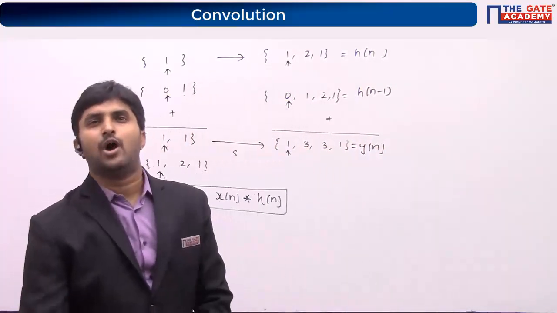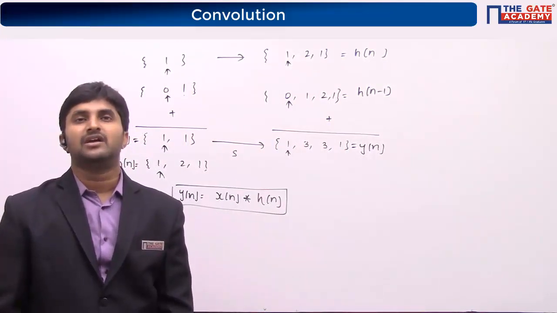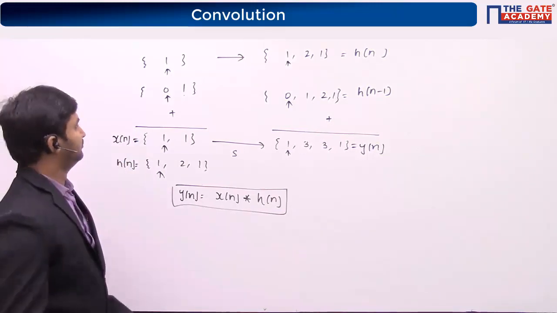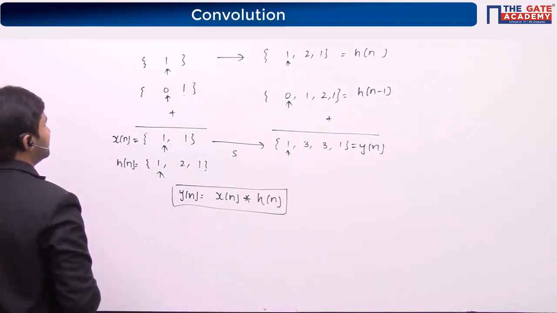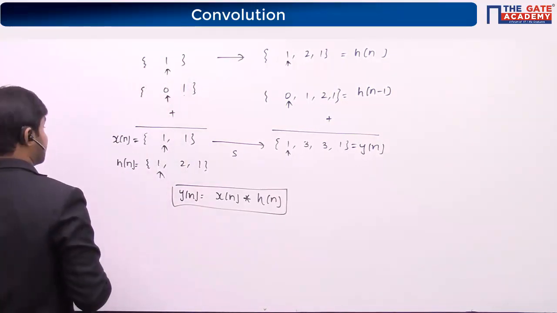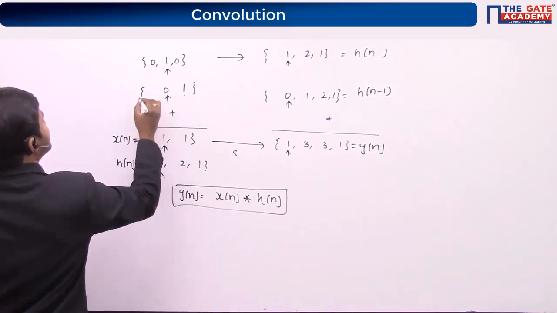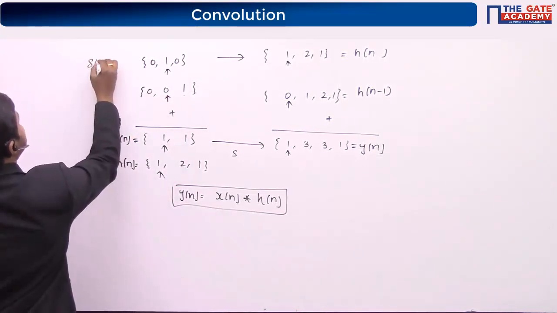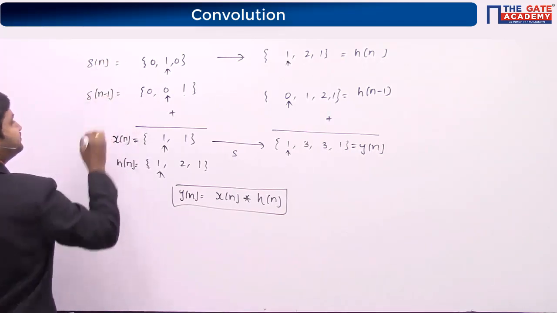So there is a question of how can we differentiate between h1 and h2; this is not clear. See, here we are having an impulse at n equal to 0, right? Here nothing is mentioned, it means that this is 0 here and 0 here. And here we are having 0, 0, 1. This is what we called as del of n, and this is what we called as del of n minus 1, correct?